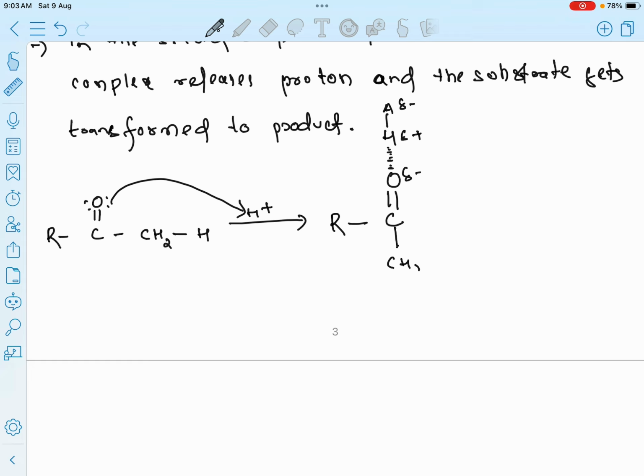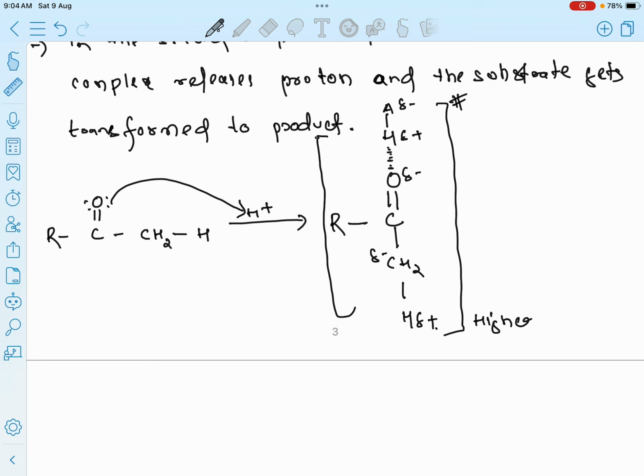If I draw a linear structure, this bond will be shifted towards this, that means this will be delta positive, this will be delta negative in nature. This will be your transition state, which I wanted to say, and this will be higher in energy. This is your protonated solvent SH plus, which I am talking about in the kinetics.